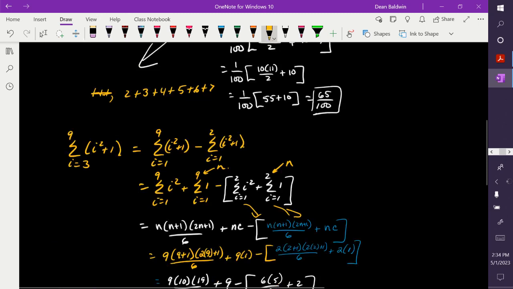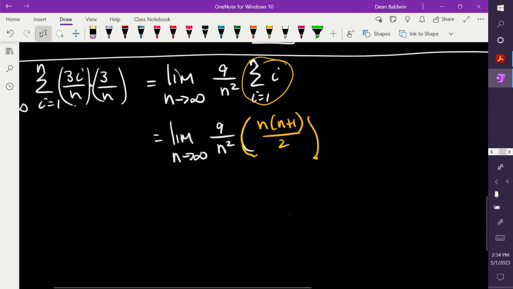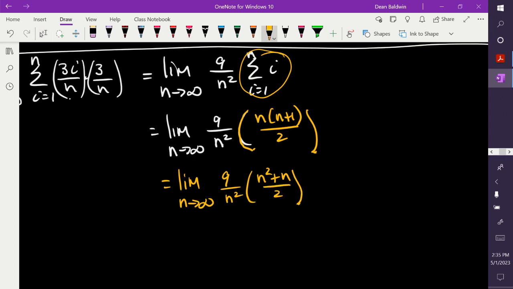Now let's clean this up a little bit. I'm going to multiply out the numerator and just get n squared plus n over 2.